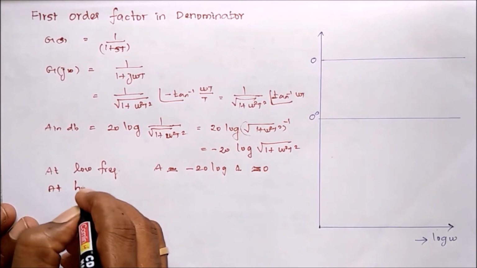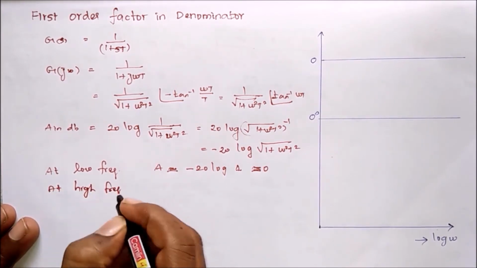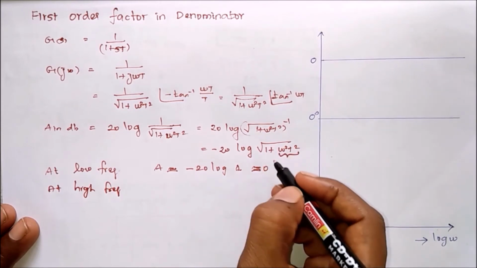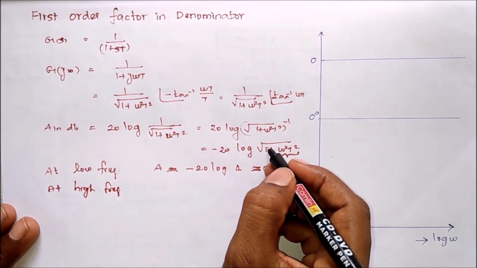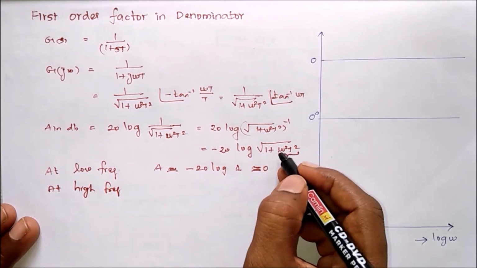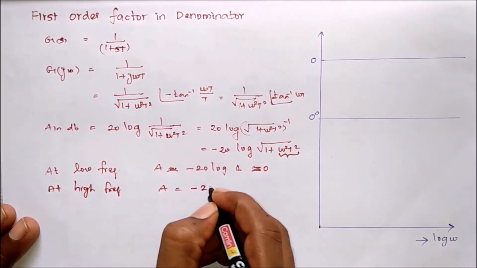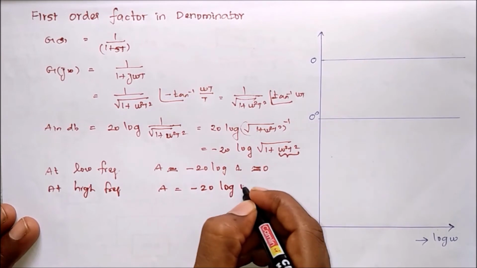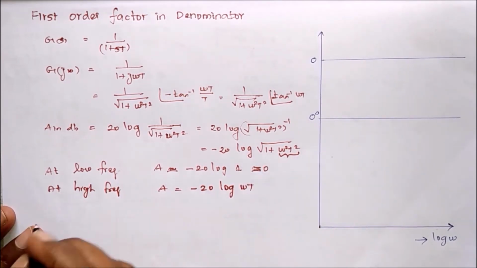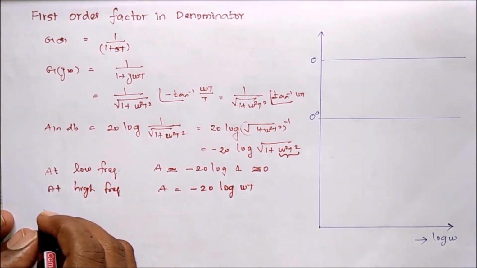At high frequency, omega T is very high when compared to 1. Therefore now we can neglect 1, so we can consider the square root of omega square T square. Therefore the magnitude is minus 20 log omega T only. So now only high frequency we are going to consider.